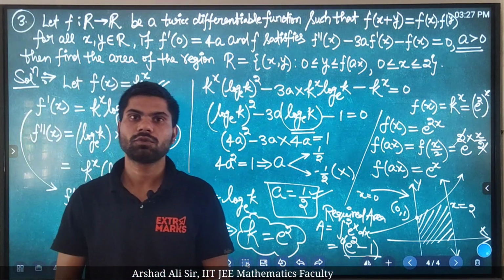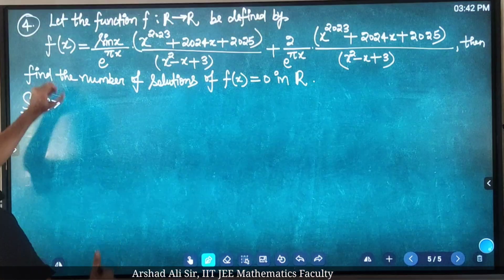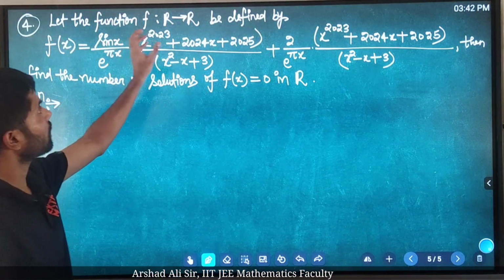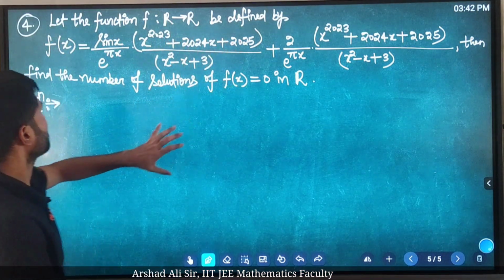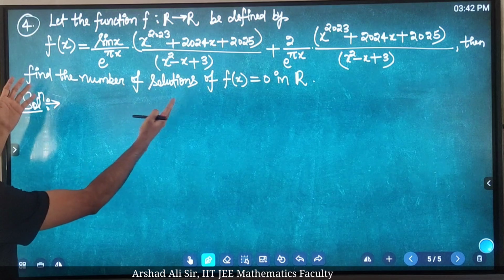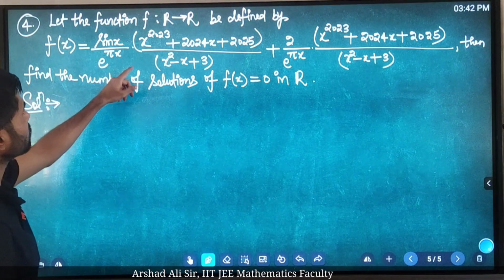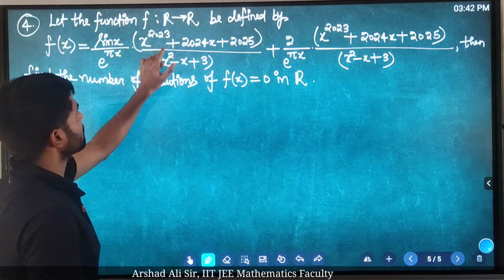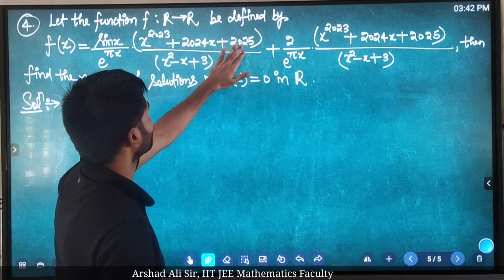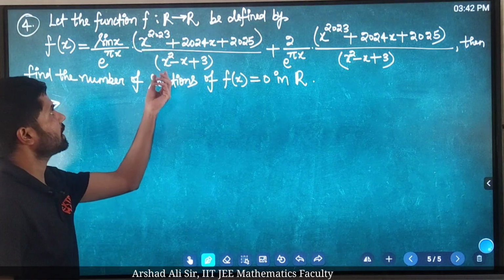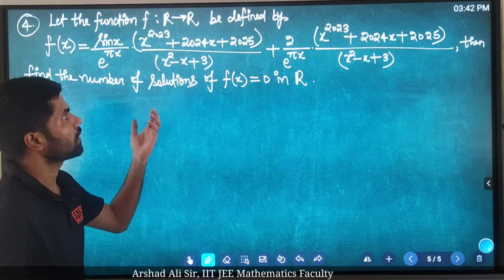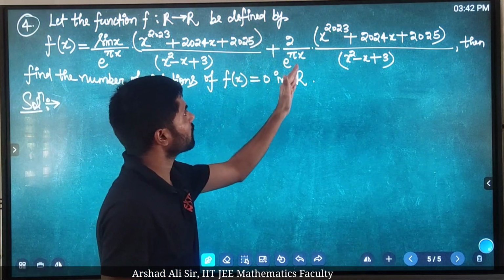Okay students, now let's discuss one more question. Let the function f from R to R be defined by, we have given this lengthy function, f of x is equal to (sin x divided by e to the power x) into (x to the power 2023 plus 2024x plus 2025) divided by (x square minus x plus 3), plus 2 divided by e to the power pi x.